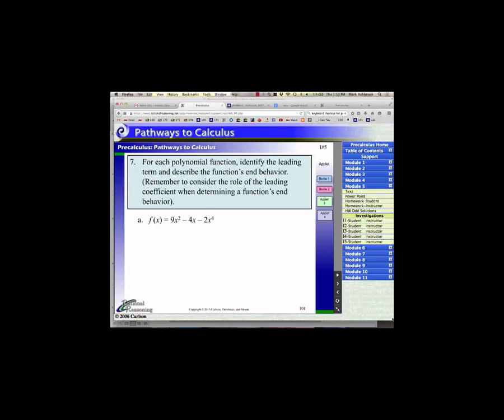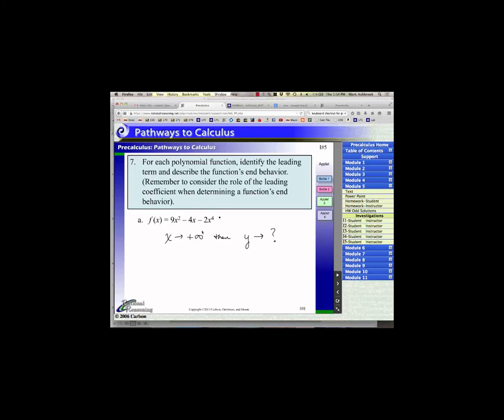So all I want you to do is figure out what's the end behavior of this without graphing it. So it's not by looking at the graph, but by reasoning this out. So if you go way out to the right, meaning x is very large, then what does y do?